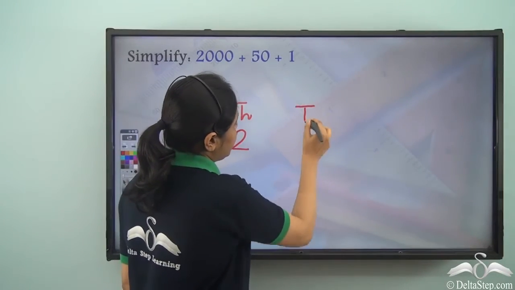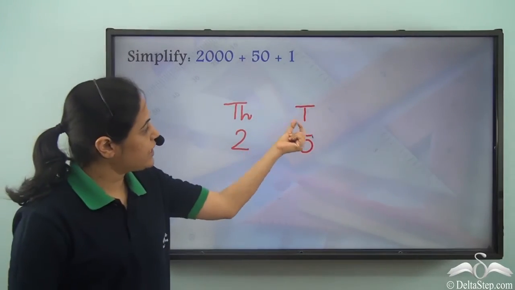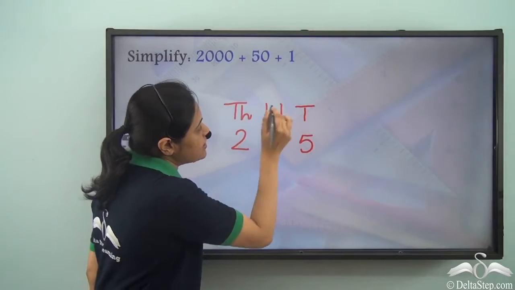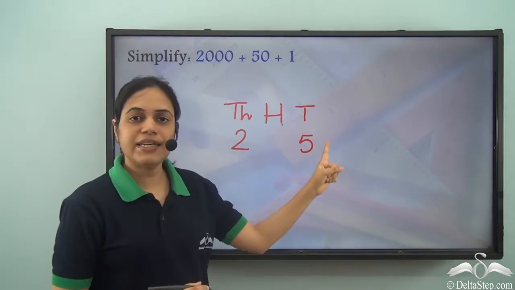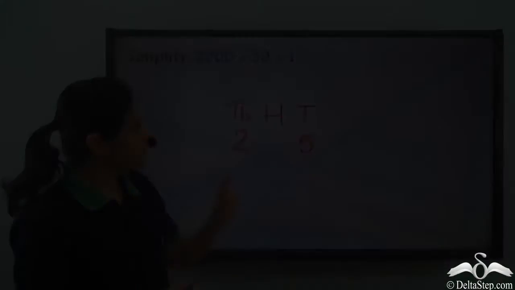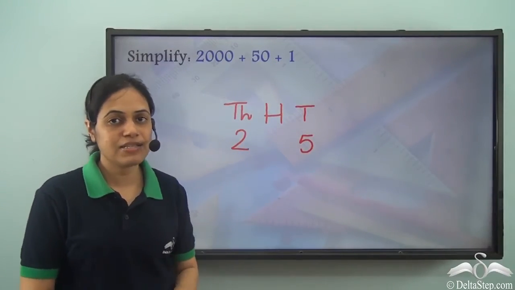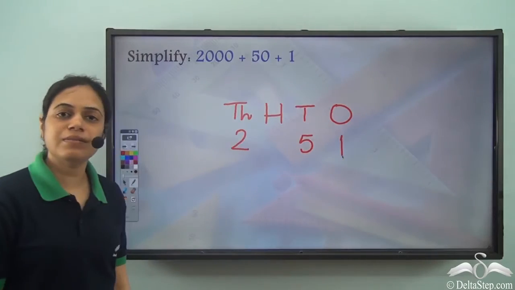So tens place has the digit 5. See, I have not written tens place immediately after thousands place because I know that there is a hundreds place in between. So in between thousands and tens place, there is a hundreds place and we have a 1. That means 1 ones. So 1 is there in the ones place.